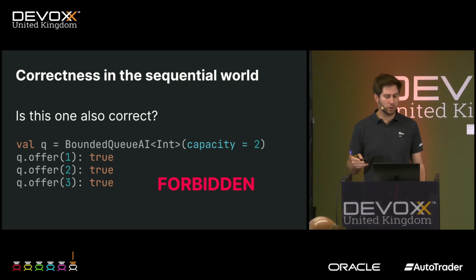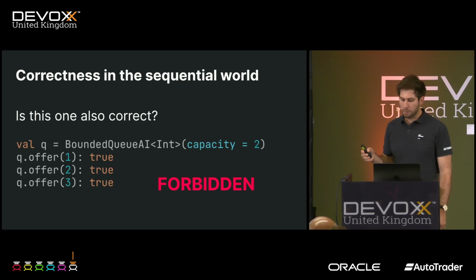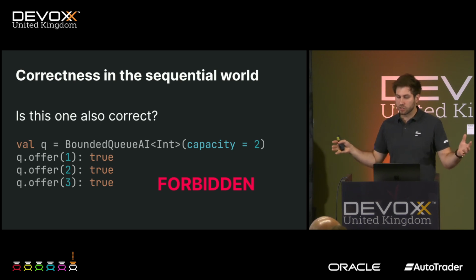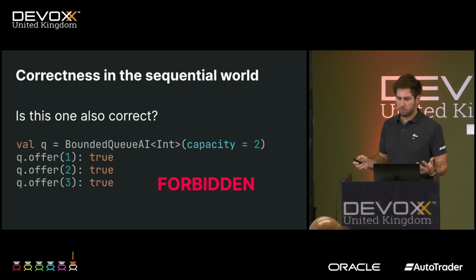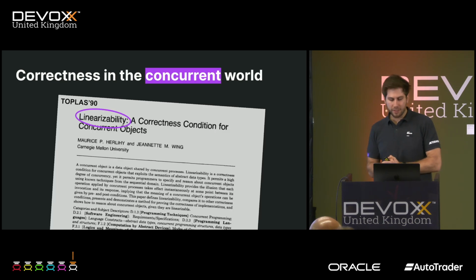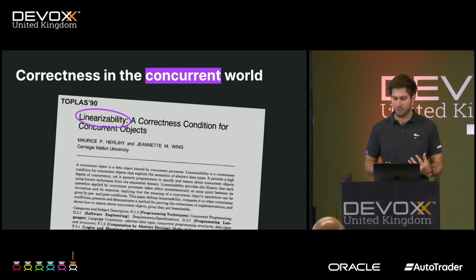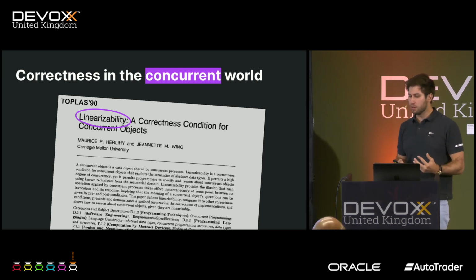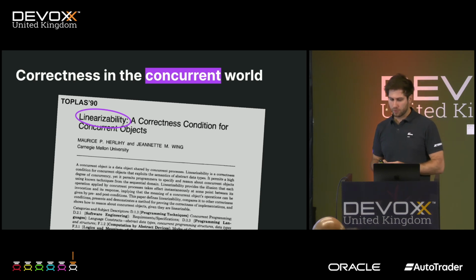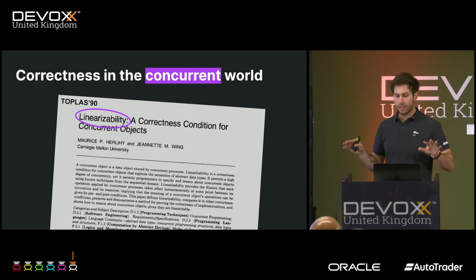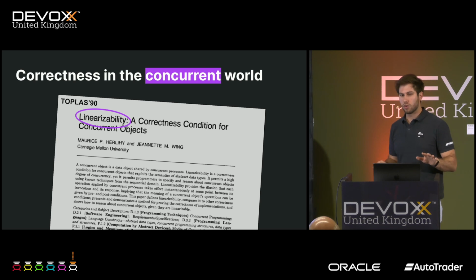What do we expect from a concurrent data structure when these concurrent operations may interleave in many different ways? When saying that a concurrent data structure is correct, or atomic, or thread safe, we usually mean linearizability. This is the default correctness condition for concurrent objects.